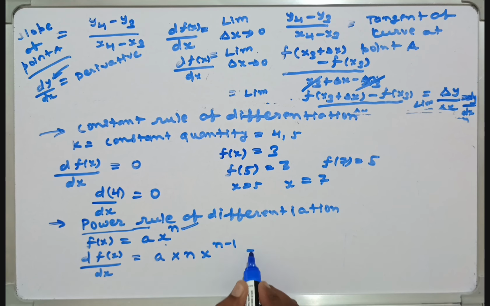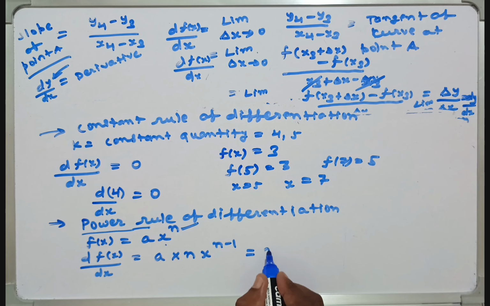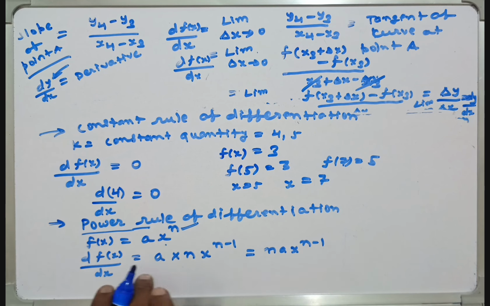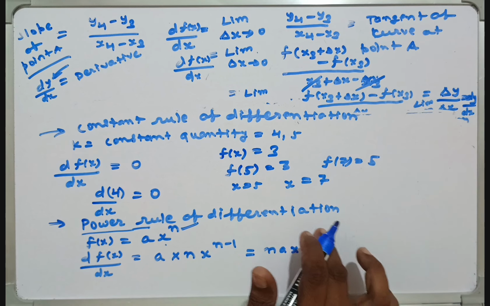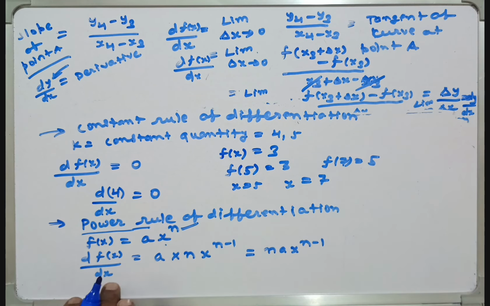So you can say this is equal to n a x^(n-1). Whenever such a question comes to find the derivative, the value is this one.